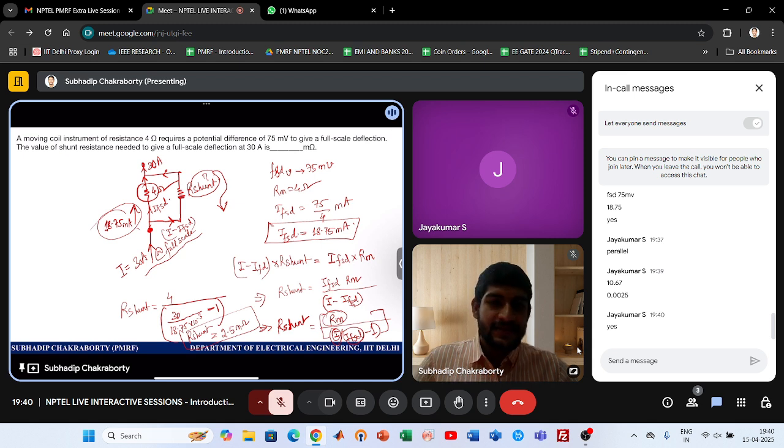Now, anything in this world is not free. So what is the drawback of this method? We can go on playing like this, right? We can push 1000 ampere also. We can push 10,000 ampere also. So is it possible, or what is the drawback?